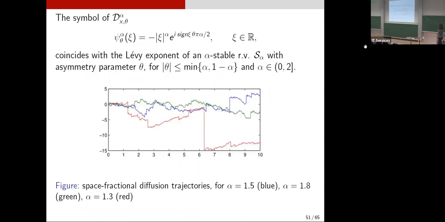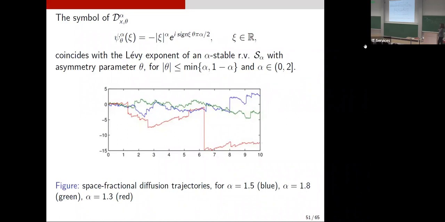But in this case, things are quite easier, since the symbol of the differential operator that we are using here, the Riesz-Feller derivative, coincides with the Lévy exponent of an alpha stable random variable.